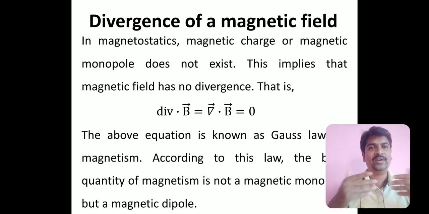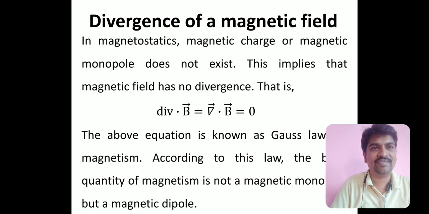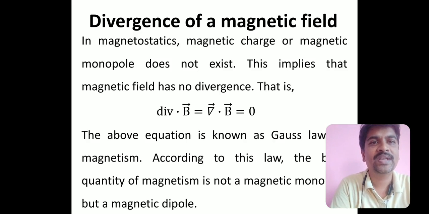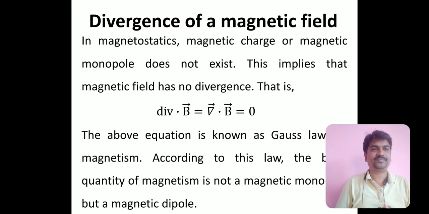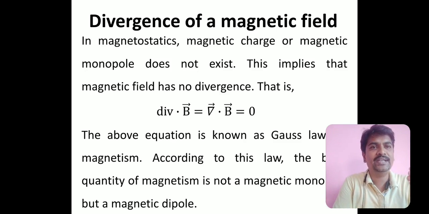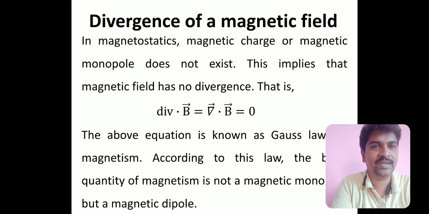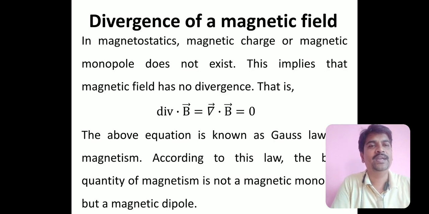This is a kind of Gauss law in magnetism. We know Gauss law in electrostatics. According to this law, magnetic monopoles do not exist, because the divergence of the magnetic field is 0.